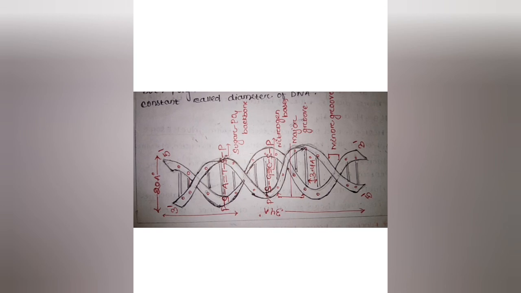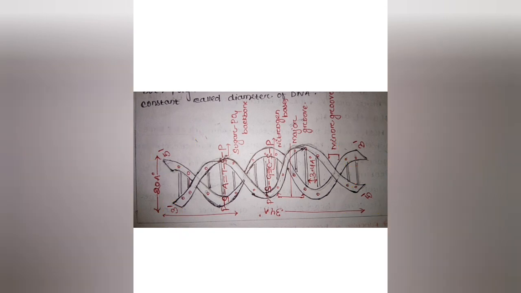Look at the diagram here. Here is 3 dash end, the other one is 5 dash end. Here is 5' and this is 3'. Distance between two polynucleotide chains is 20 angstrom.